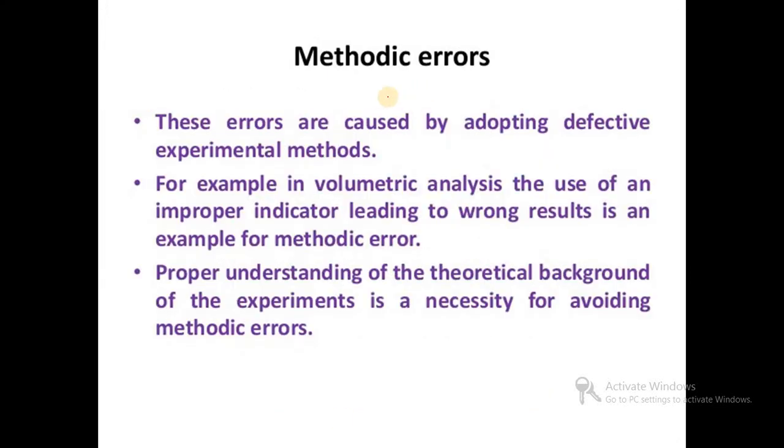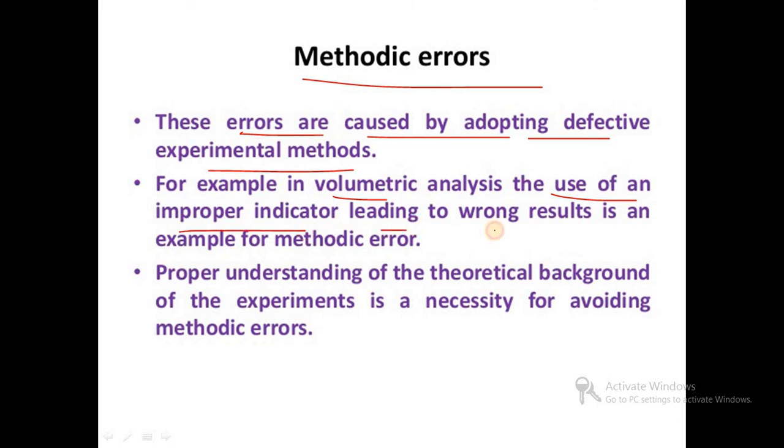Then the next type is a methodic error. These errors are caused by adopting defective experimental methods. If methods are not correct, then that error is a methodic error. For example, in volumetric analysis, the use of an improper indicator leading to wrong results is an example of methodic error.